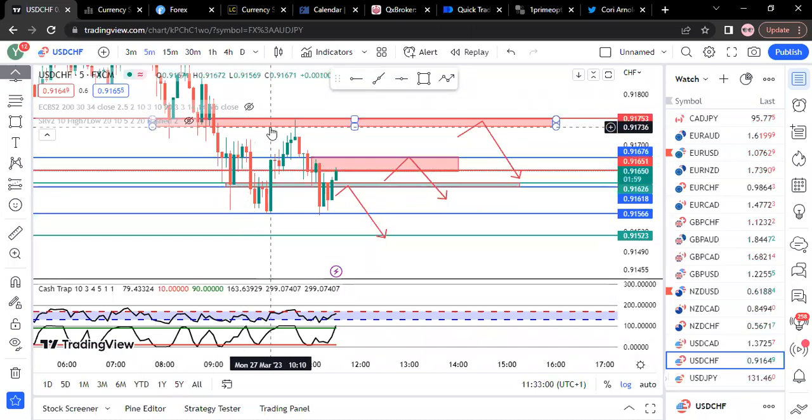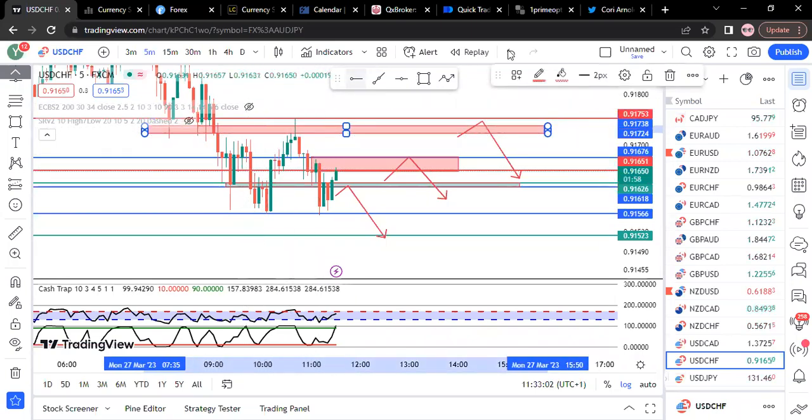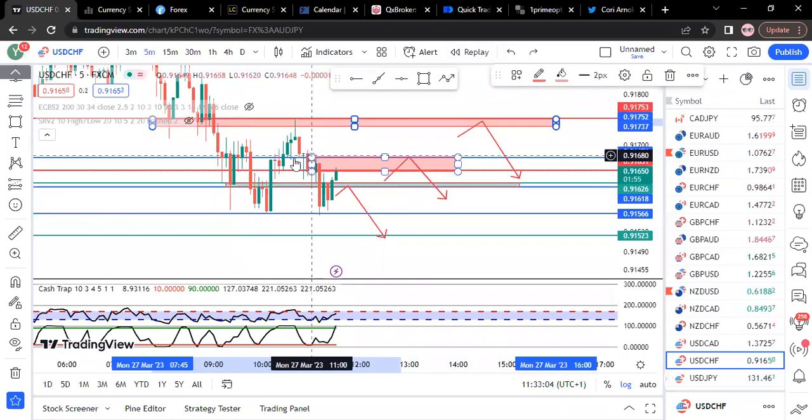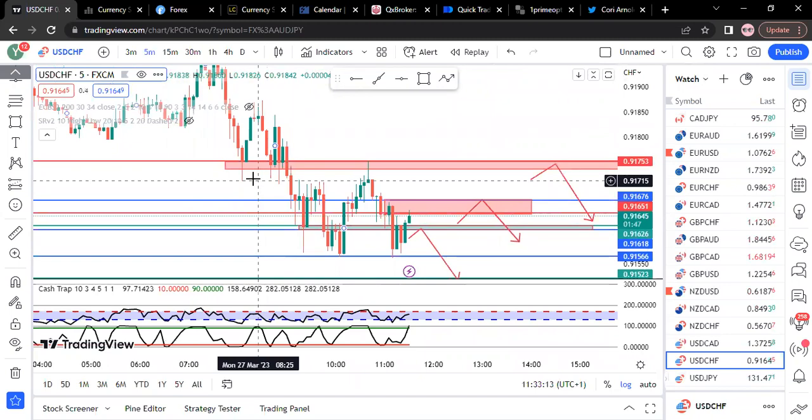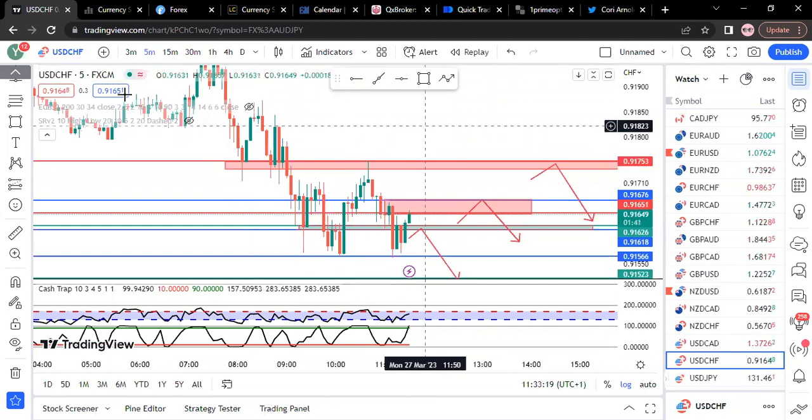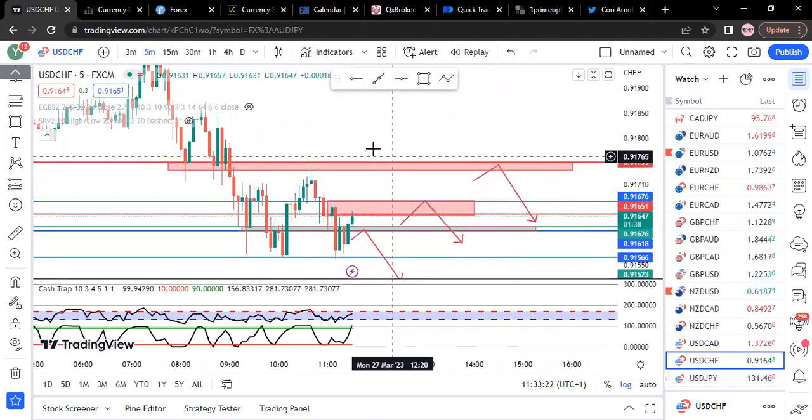No. Okay. So this is 40, 45. We had a reversal. This is 15. Okay. Today is Monday. It's not really following a pattern. But nonetheless, let's just wait for it a little.